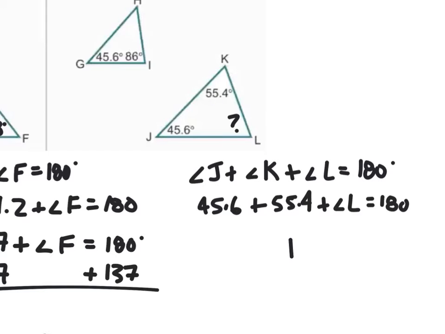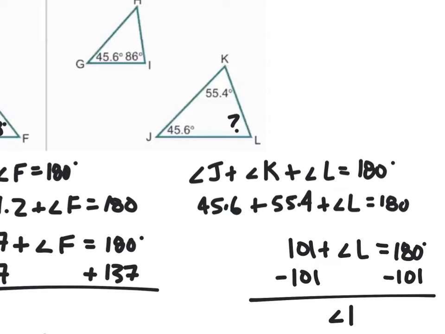So I've got 101 plus angle L is equal to 180 degrees. If I subtract 101 from both sides, we get that angle L is equal to 180 minus 101, which is 79. So angle L is equal to 79 degrees.